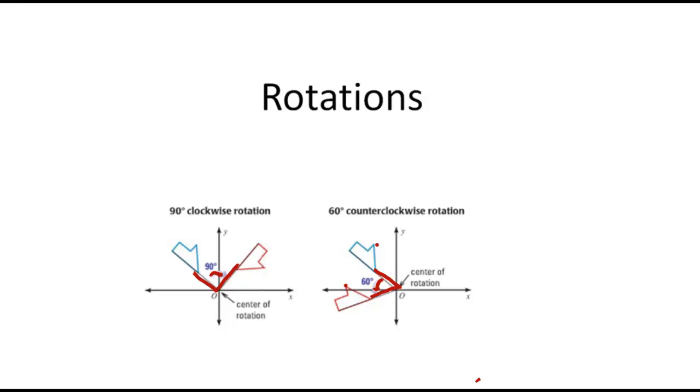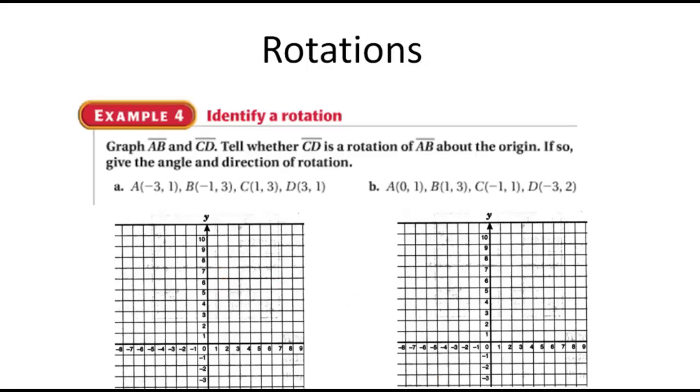Every time I connect those corresponding parts to the origin, I'm still going to have the same angle. In this case, a 60-degree angle. I would just ask you to be able to recognize and match the size of an angle. I won't ask you to draw anything other than a 90, a 180, and a 270 rotation. But you do need to recognize the other types.